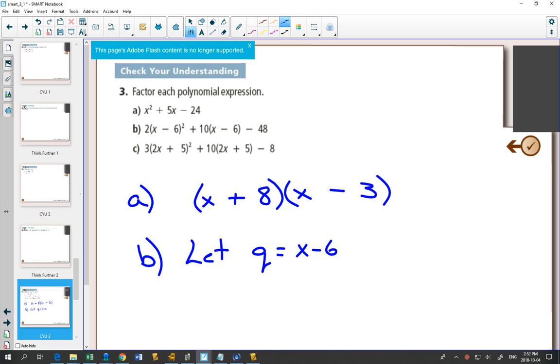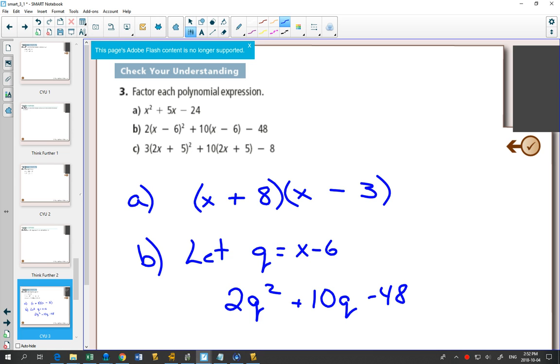If we make q equal to x minus 6, how does that change this question? Instead of 2 times x minus 6 squared, I would have 2q squared. Instead of 10 times x minus 6, I would have 10q, and I'd still have minus 48.